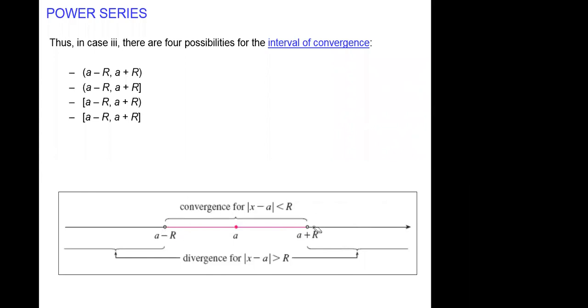Radius is just the distance, and this is the values of x that are convergent. Everything outside it will give me divergence. And please note at the endpoints, we may have the endpoints included or not included. We can see the open interval or the bracket. And remember, always we have to test the endpoints.